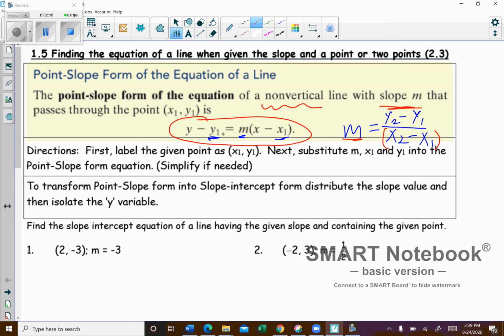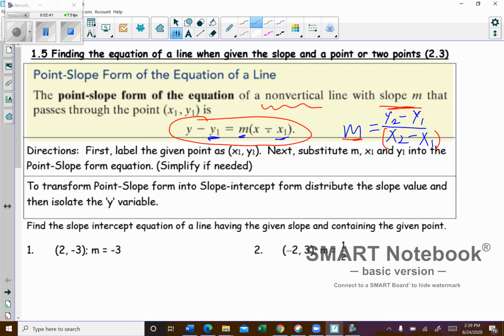It is a little different as far as the subscripts go, but it's really the same formula, just manipulated, where you multiply both sides by the denominator and the m value shows up on the other side. It's going to take a couple of these to get the hang of it. The hardest part is when we have to deal with fractions, and we'll review all that when we get there.